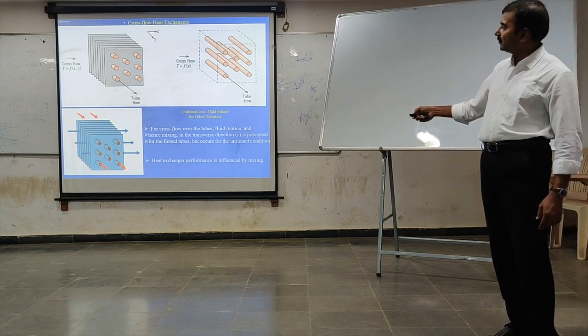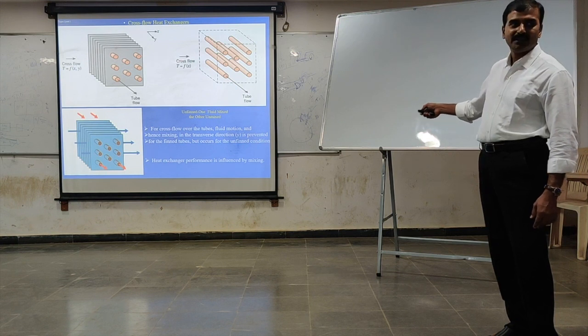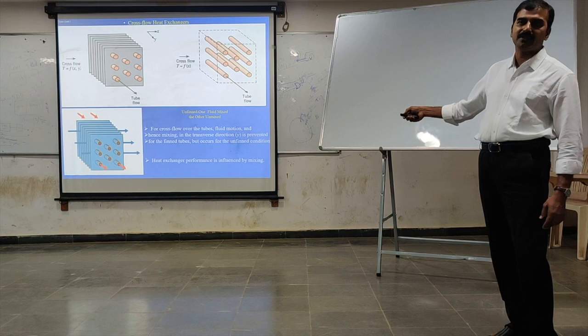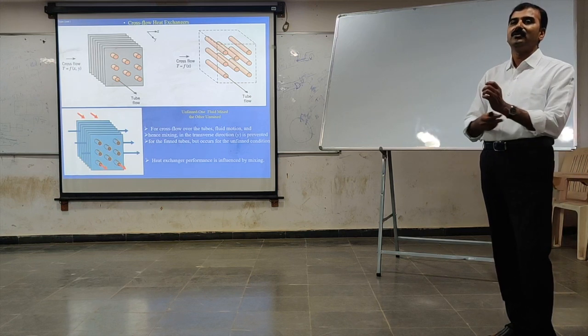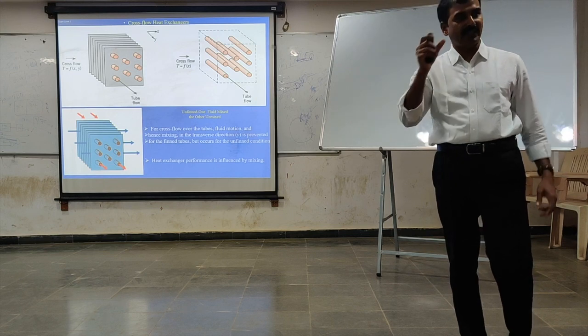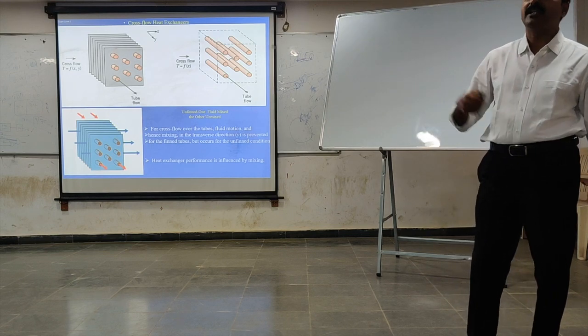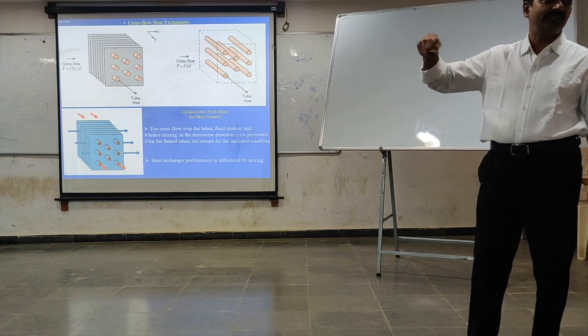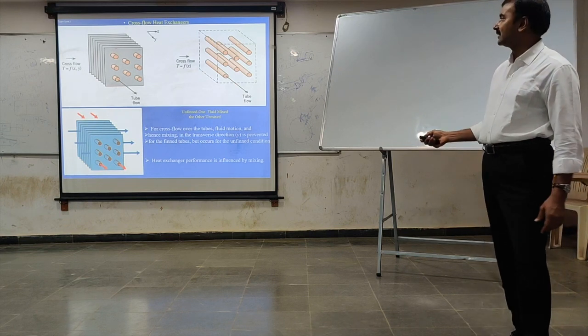Now, one fluid is flowing perpendicular to this through the gaps between successive plates. Why have you added fins here? To increase the heat transfer area. The purpose of the fin is to increase the heat transfer area, thereby increasing the heat transfer rate by convection. Q = hAΔT: A increases, heat transfer rate increases.